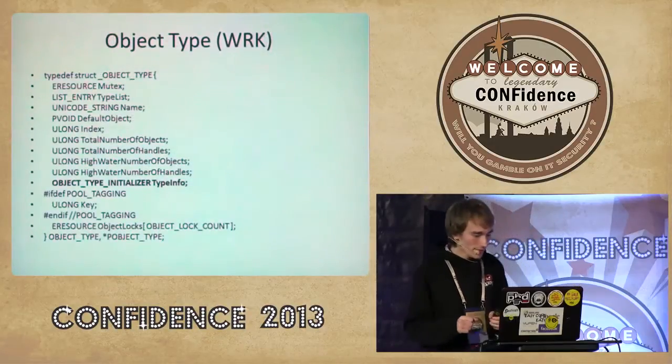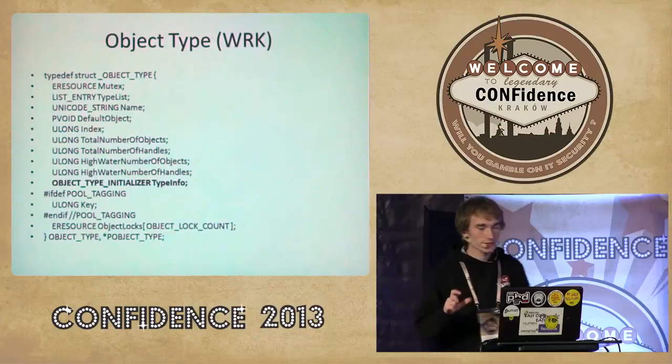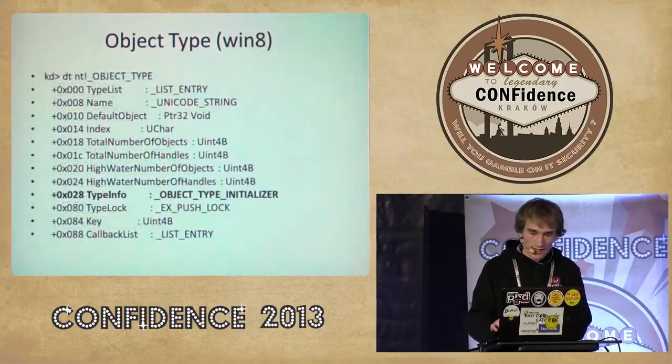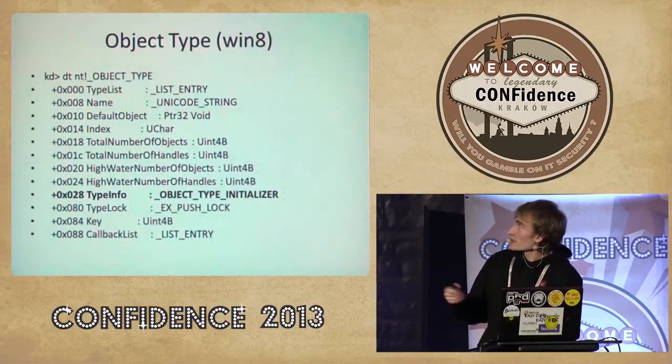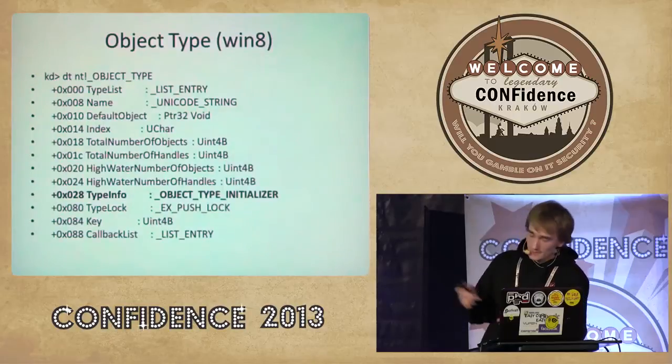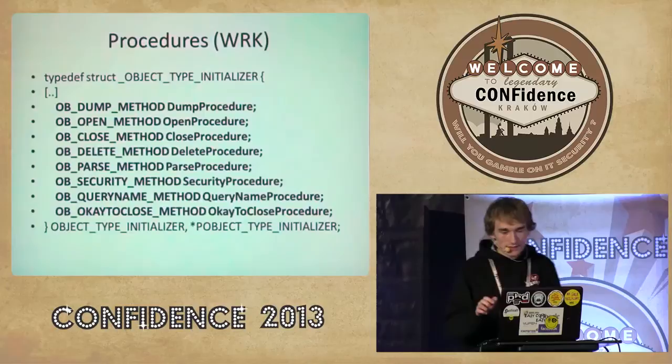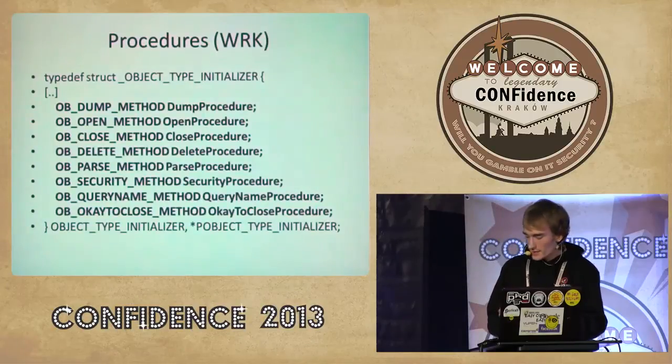Also, the object type has an interesting field, object type initializers. And there is no change between XP 2003 and Windows 8. This field contains interesting things.